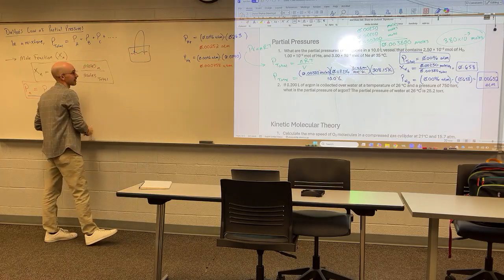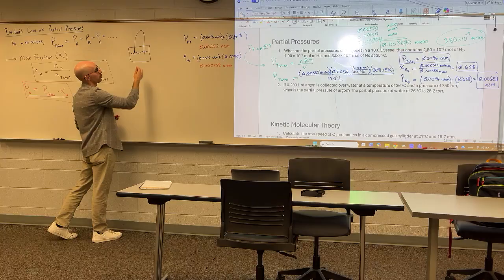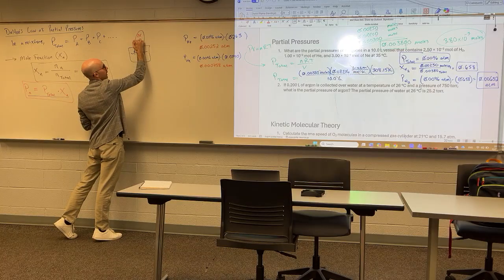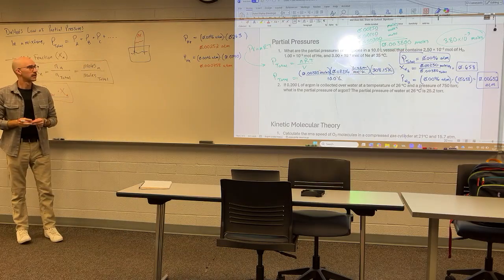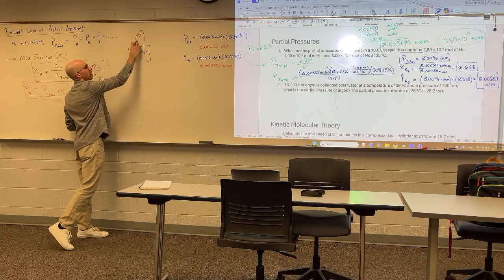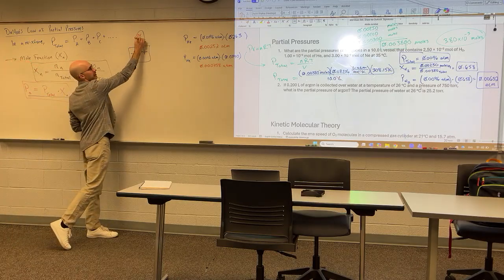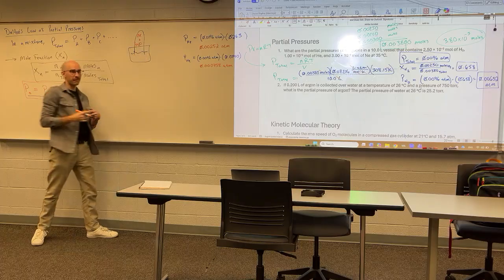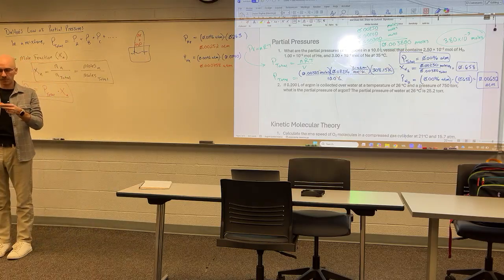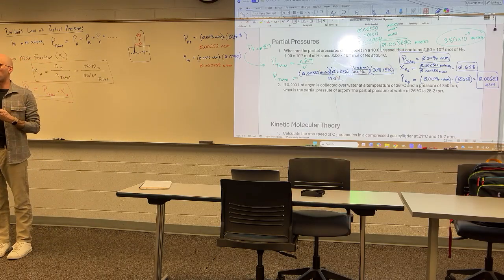And so the gas that you collect, in this example number 2, we're collecting argon gas. But because I'm collecting this over the surface of water, there is some water that vaporizes and takes up space in that tube as well.